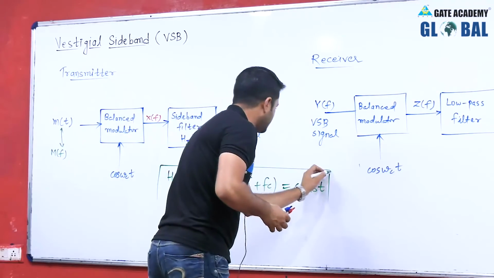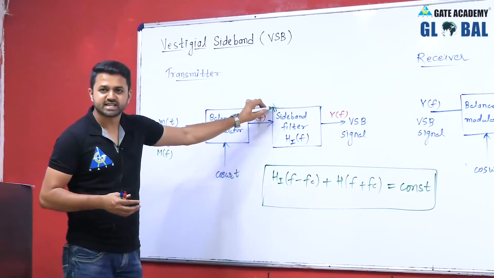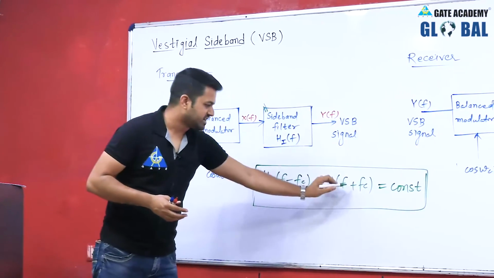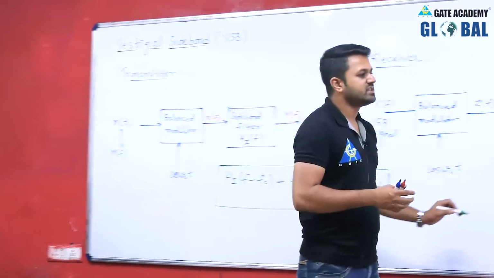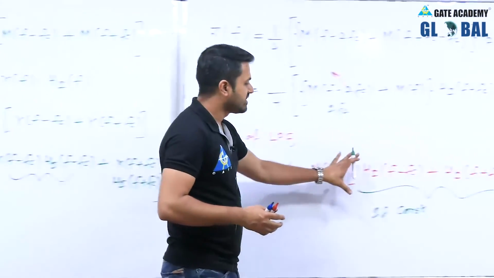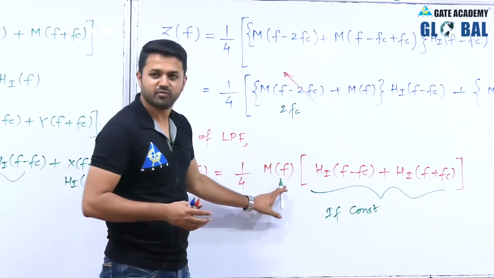If the characteristics of this filter are considered in such a way that after plotting this particular expression we get a constant value, then this term will be constant automatically and we get 1/4 M(f).